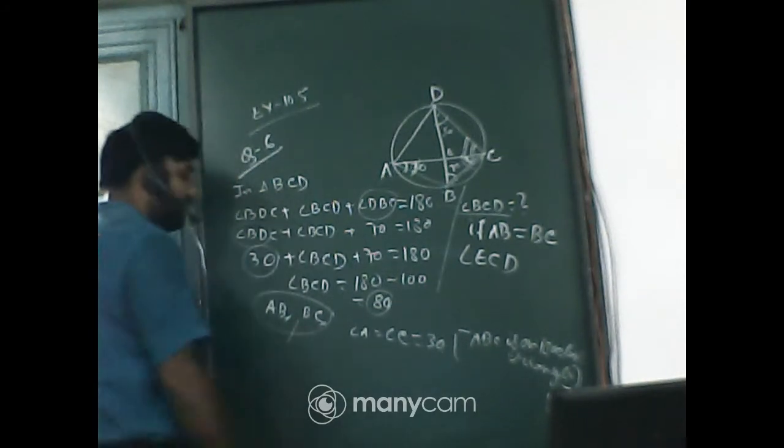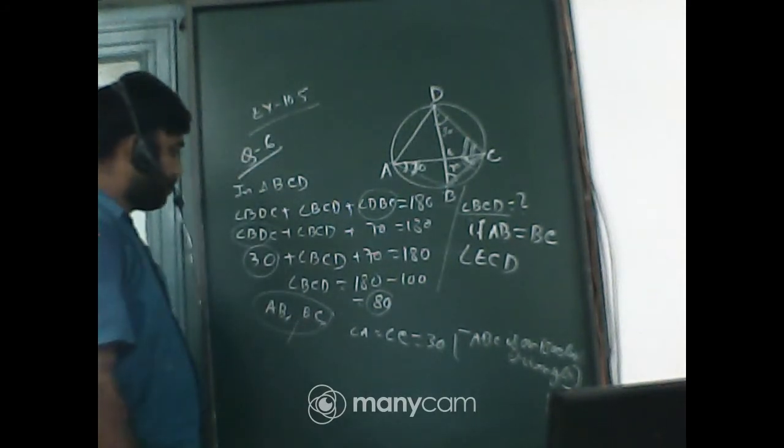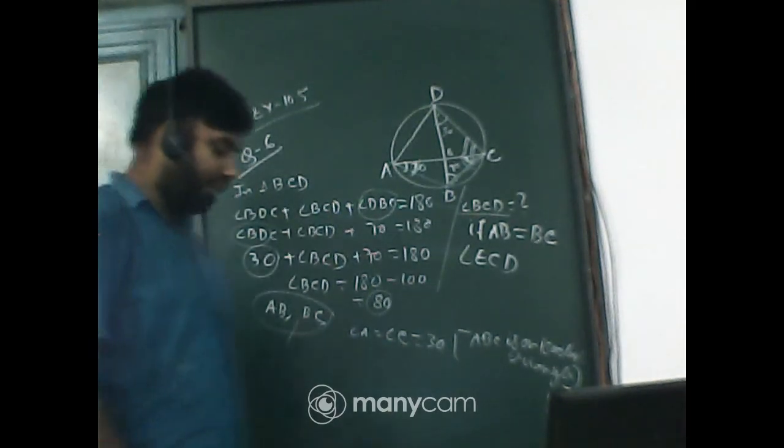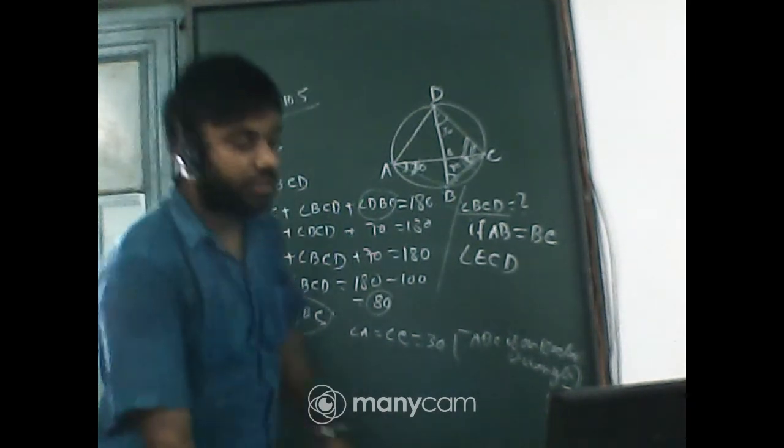If AB and BC are equal, then A and C will be equal, and that is 30 degrees.